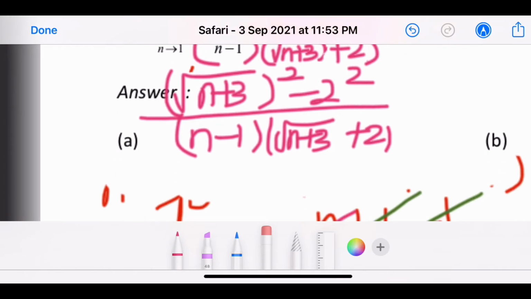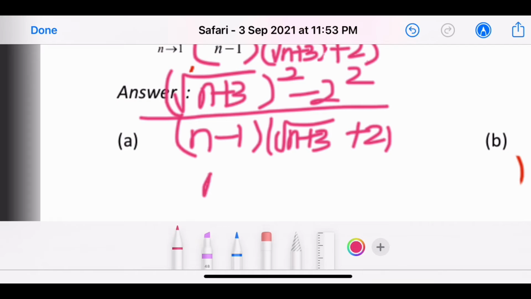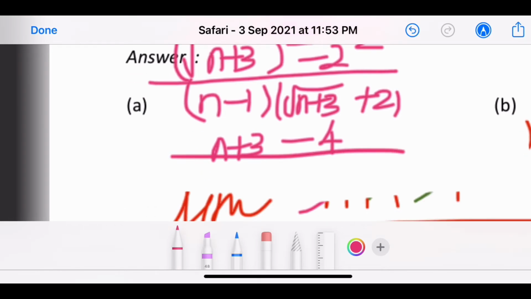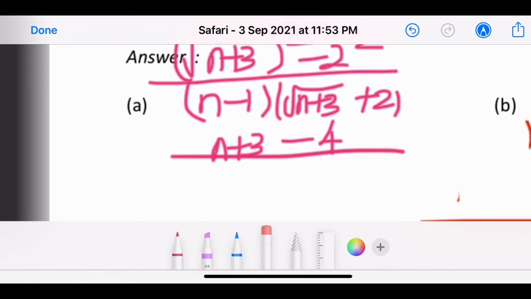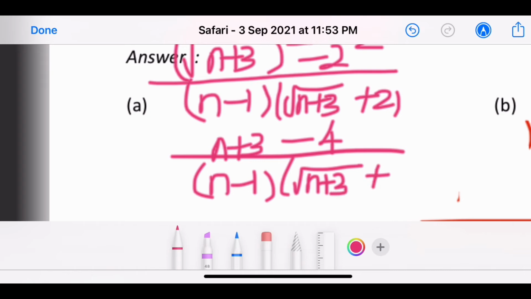So we will get the answer, which is n plus 3 minus 4 over n minus 1 times the cube root of n plus 3 plus 2. Can you see there's an n minus 1, isn't it?